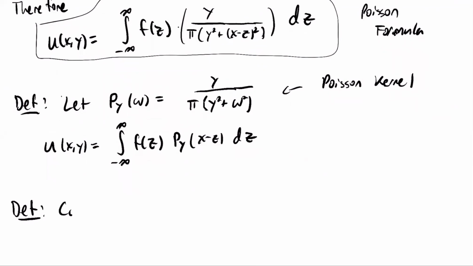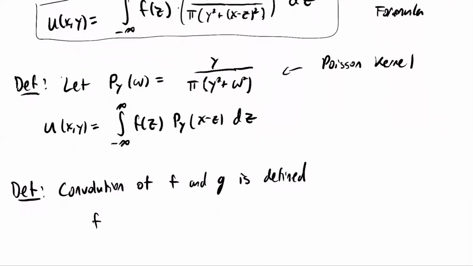The convolution of two functions, say f and g, is defined, right, we had previously defined convolution on a finite interval. The definition on the whole real line is similar. So we have f star g of x. This star in the middle is usually the notation for convolution.